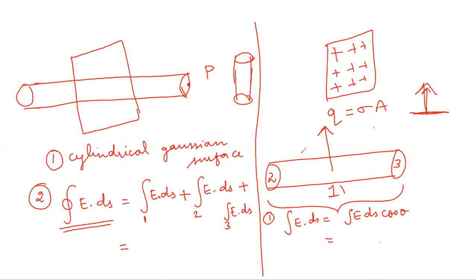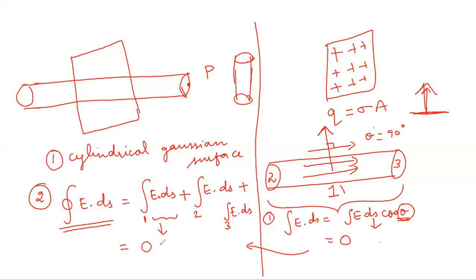Just now I said the direction of electric field is like this. So what is theta? Theta is equal to 90 degrees. Therefore, cos 90 is how much? 0. So this will be 0, and I am entering this value here.